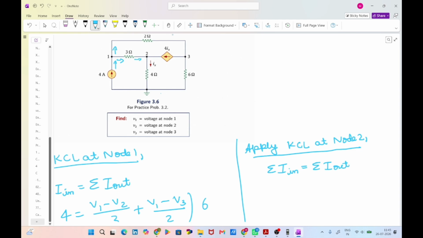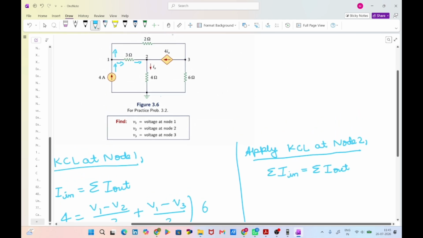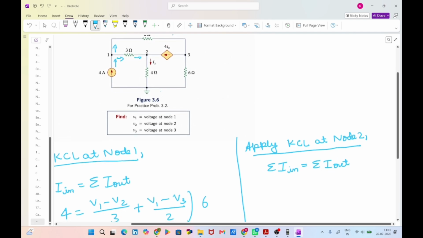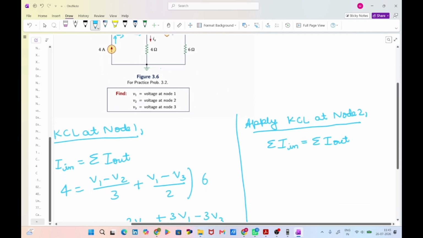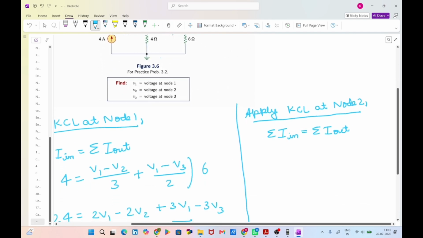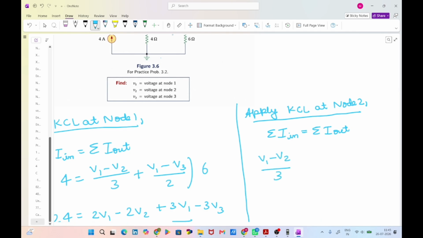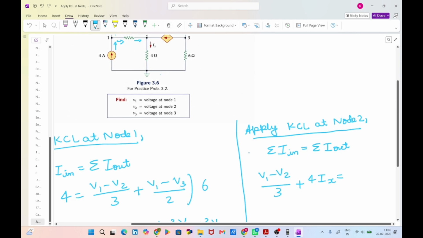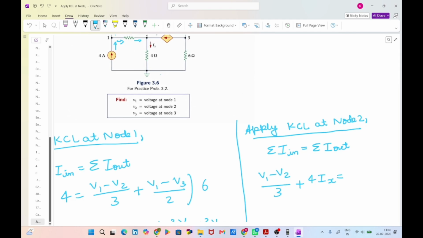The current entering is (V1 minus V2)/3 and 4Ix. So (V1 minus V2)/3 plus 4Ix is equal to Ix, the current leaving.